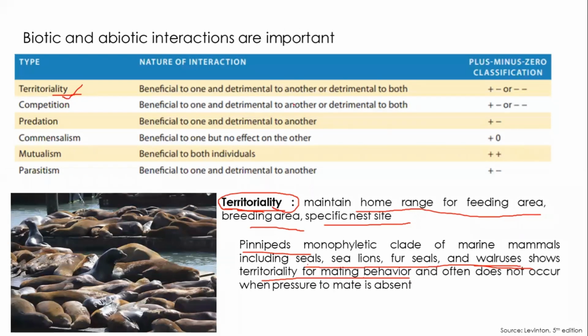In that case, there is a huge chance that one will win, right? It means that it's a benefit for one, or it can be a negative impact to both of them or any one of them. What this means is that whenever there is a fight for territoriality, there is a chance that two strong males will fight, and that can cause injury to any one of them.